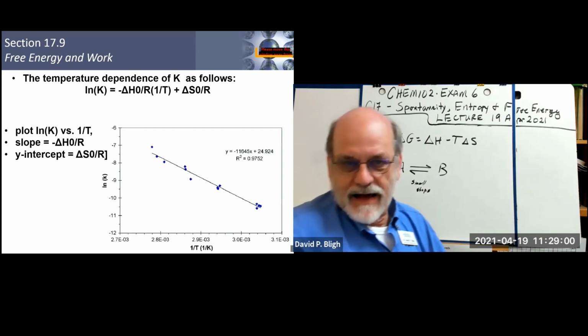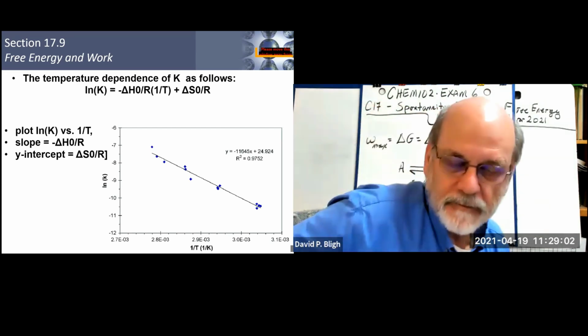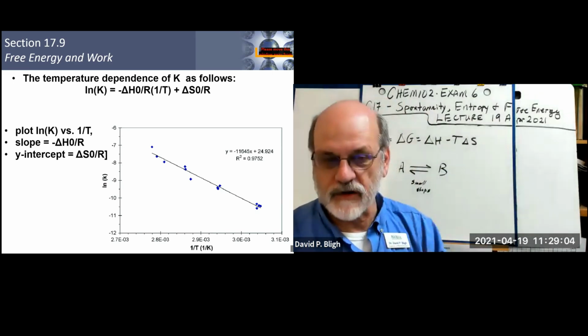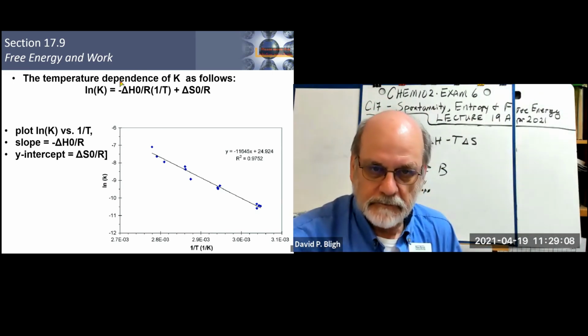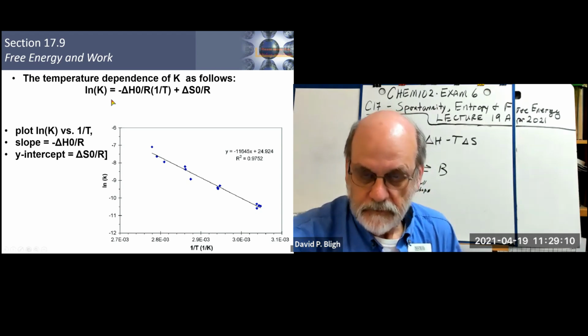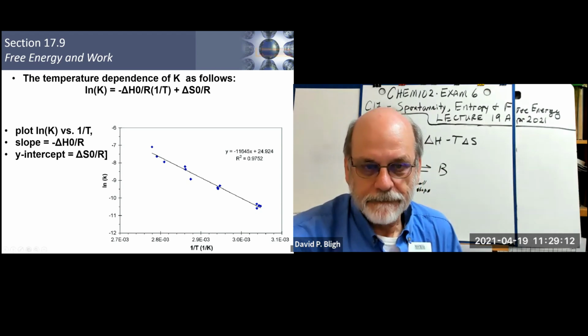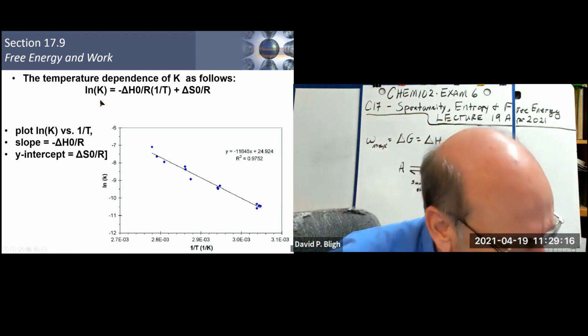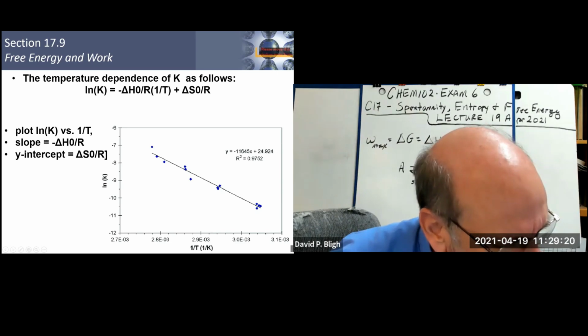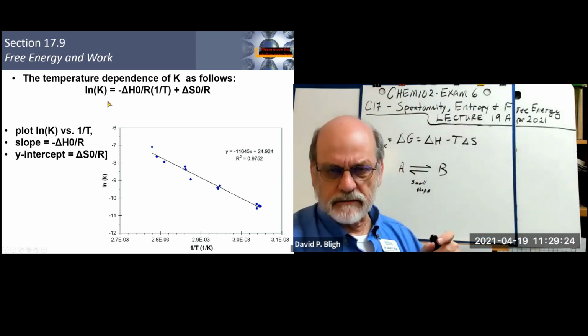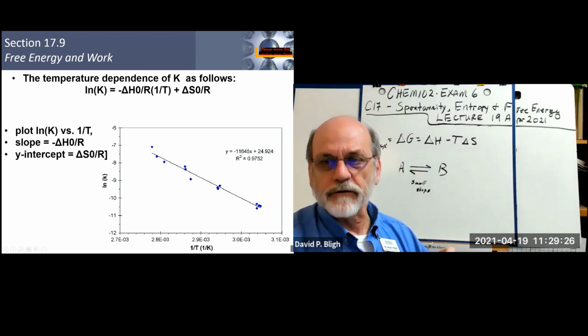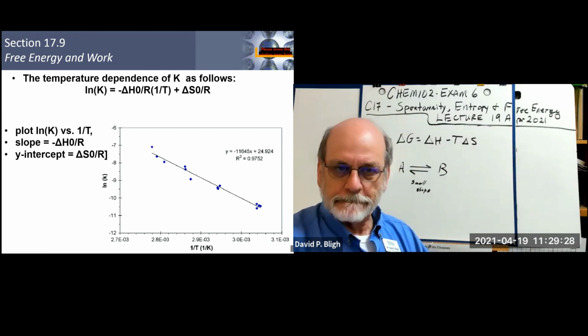Now, here's an expression. I know that's a lot to throw at you in one slide. Let's break it down. I think this is the Clausius-Clapeyron equation, or one form of the equation.